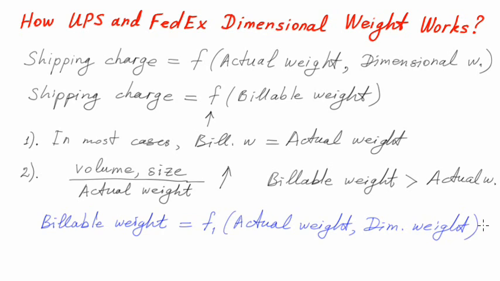Or it is a function of actual and dimensional weight. Let me call this F2. So how can we introduce dimensional weight? How do we determine it?